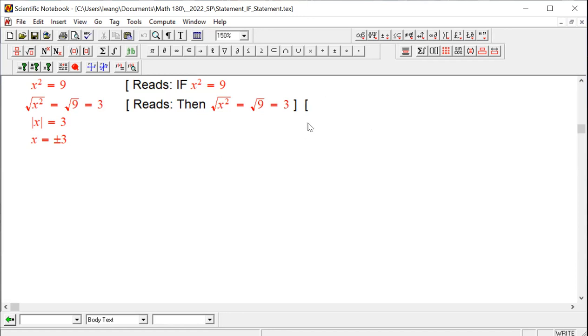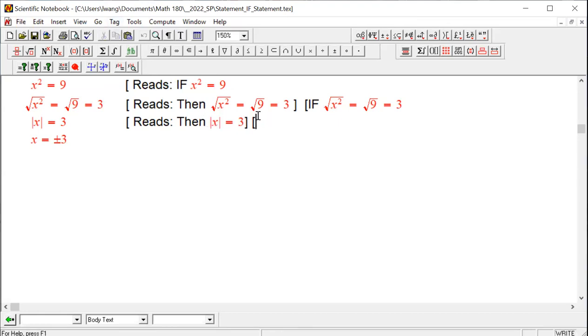You say if this is true, then what? Then the absolute value of x equals 3. And then there's the next if.